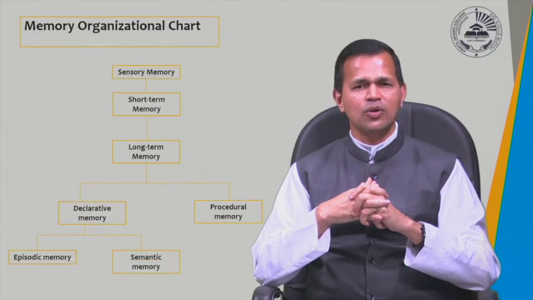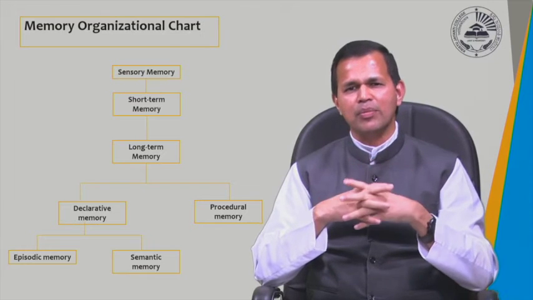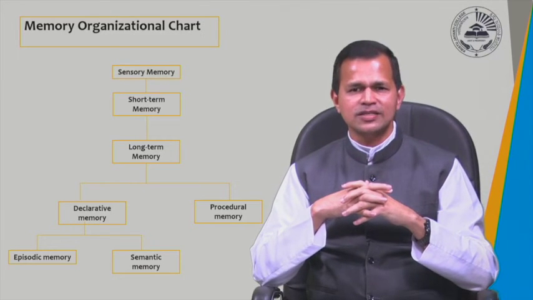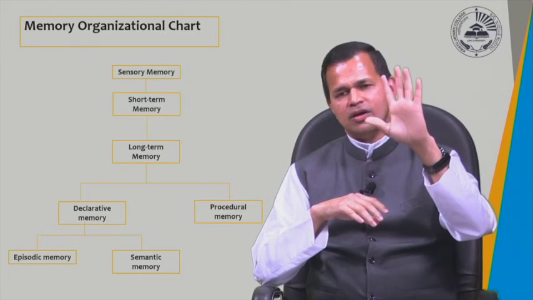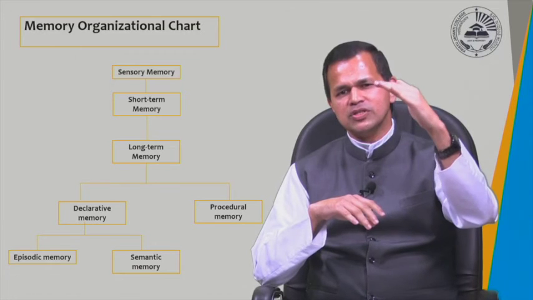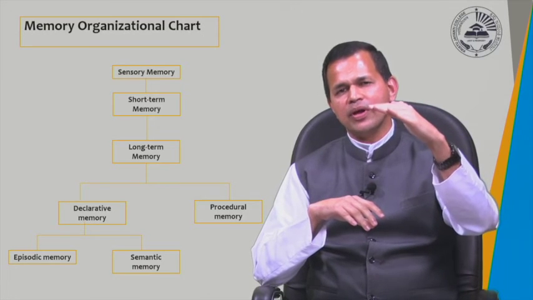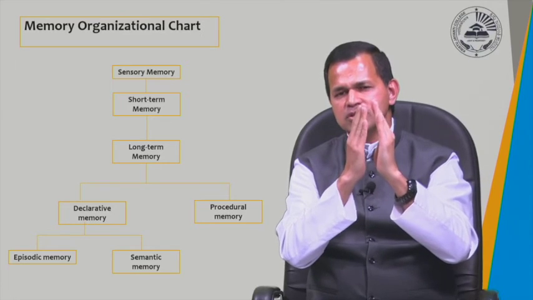Before I conclude, let us look at a memory organizational chart. We began by saying there are three processes: encoding, storage, and retrieval. The chart begins with sensory memory, which holds a large amount of information for a very short period of time.